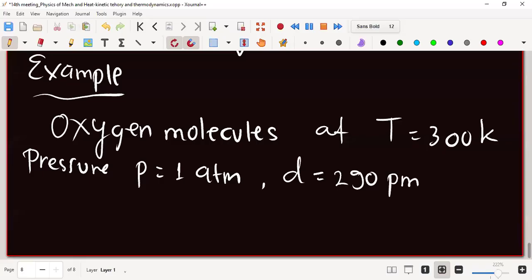This one is an ideal gas. What is the mean free path of these molecules?